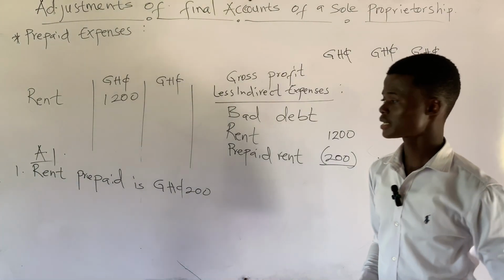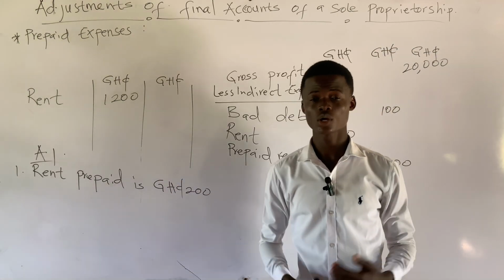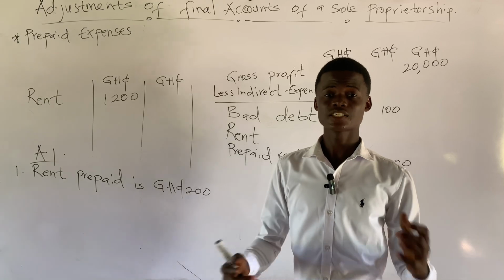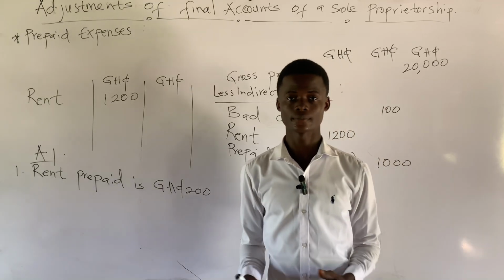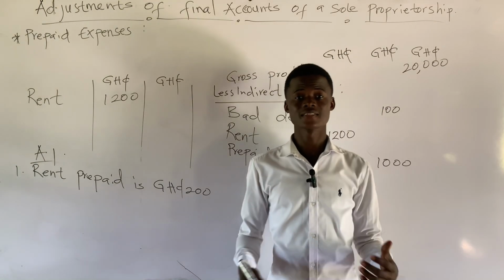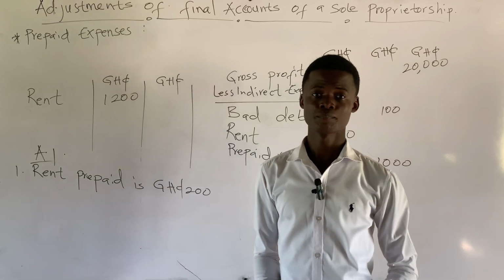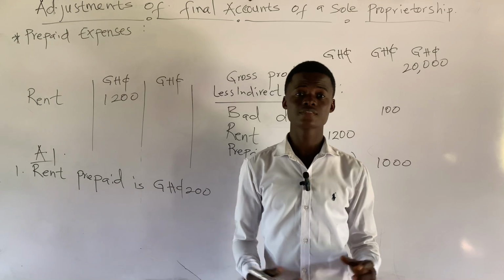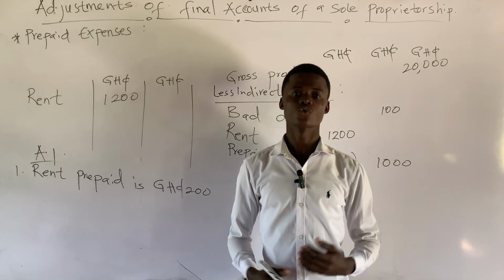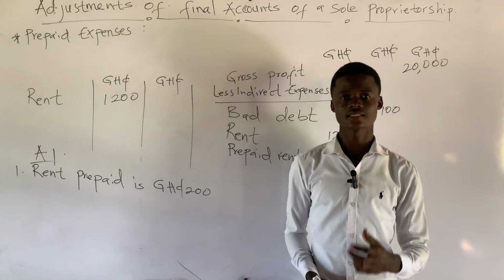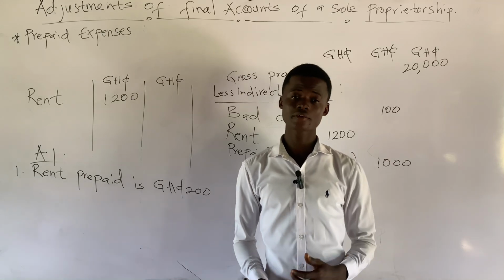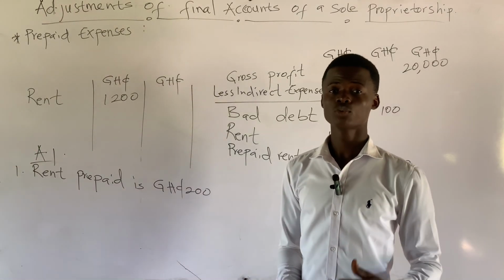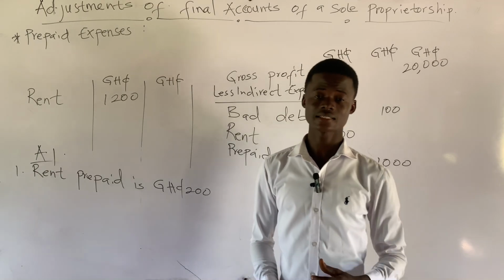So the second treatment is that because we've paid for an expense that has not been incurred, or because we've paid for a facility which we've not used yet, then it means that value of prepaid expenses has become an asset. So in this case, this asset is our current asset.